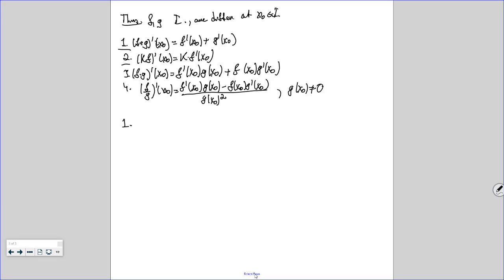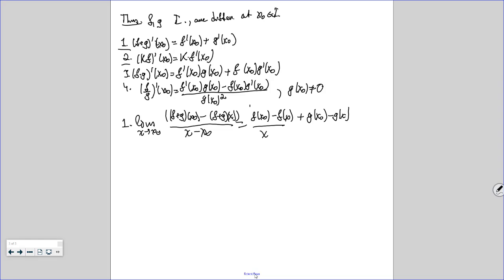For example, for the first one, let's use the definition of the differential, and we see that this is equal to (f+g)(x0) minus (f+g)(x) over x minus x0, which is equal to (f(x0) minus f(x)) plus (g(x0) minus g(x)) over x minus x0, and we have a limit here, which is equal to the limit of each part separately, since the limit of the sum is equal to the sum of the limits.